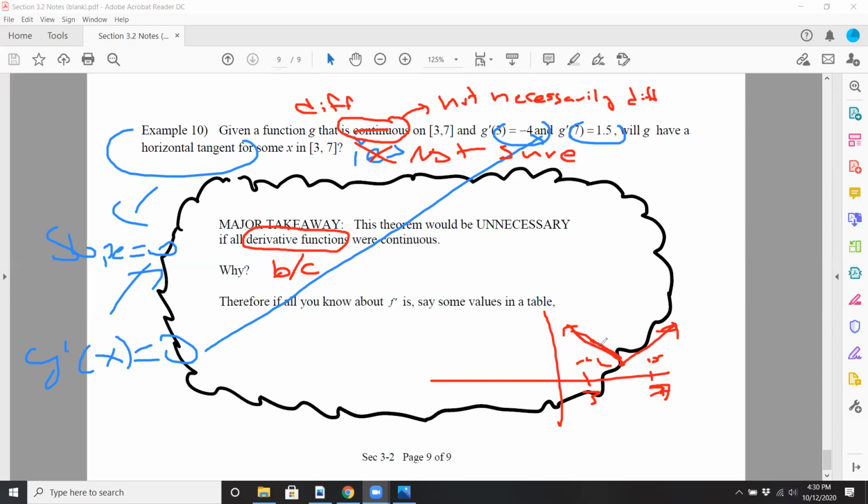So obviously this right here is my original function, and if I drew my derivative function, it would not be continuous. It would look like this down below, if I put x equals c. So again, this theorem would be unnecessary if all derivative functions were continuous, because IVT for continuous functions would be sufficient. So we have to make that statement about differentiability.